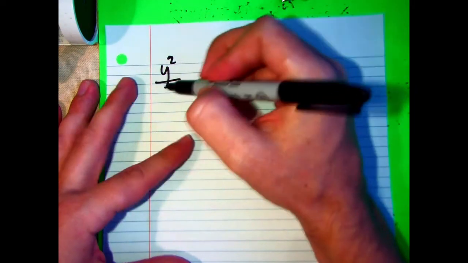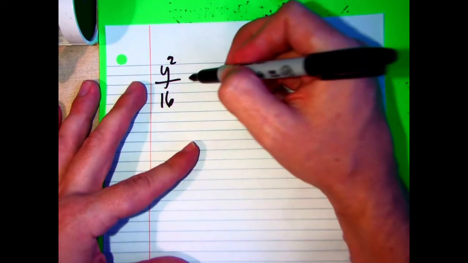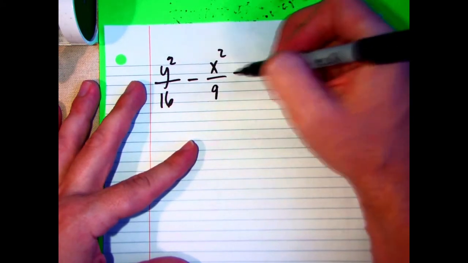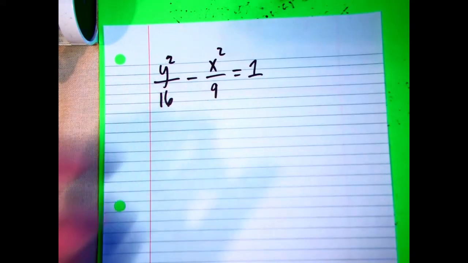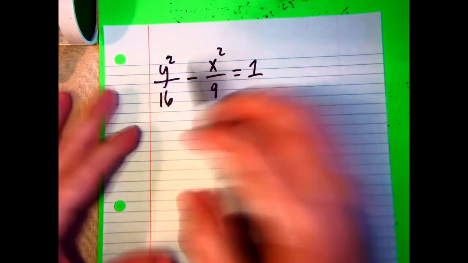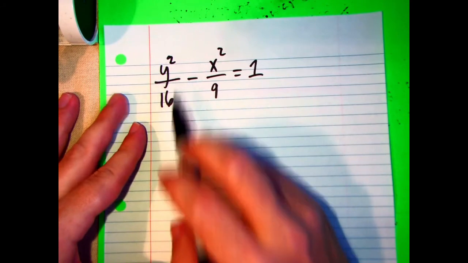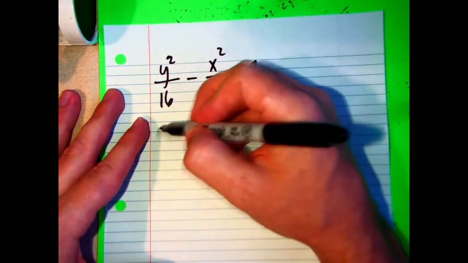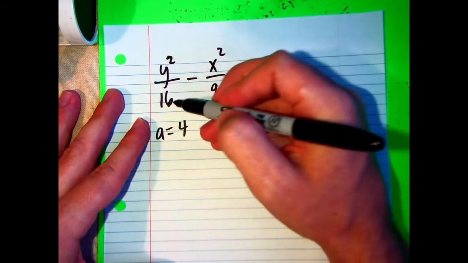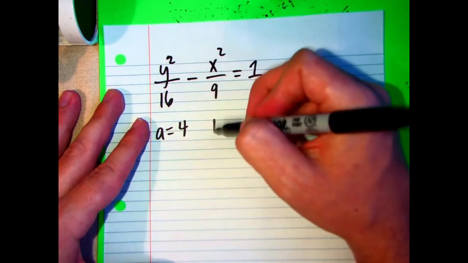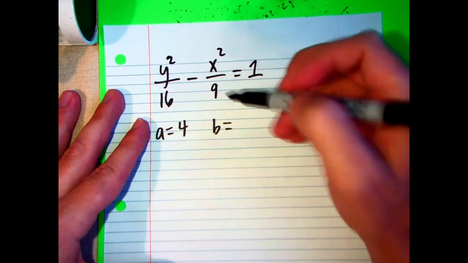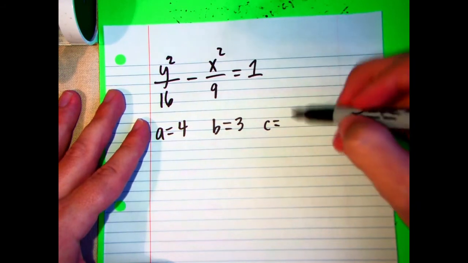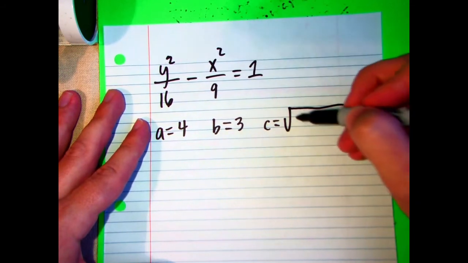So one more example we'll do together, and I'm going to use all those notes that I just gave you. So whenever I write something down, it's because of those notes. Y squared is first, so I'm dealing with that portion of the notes. a is 4, b is 3. To get c, I'm going to do the square root of a squared plus b squared.